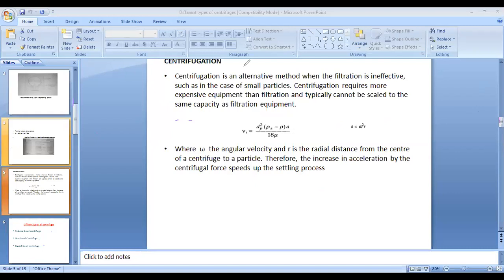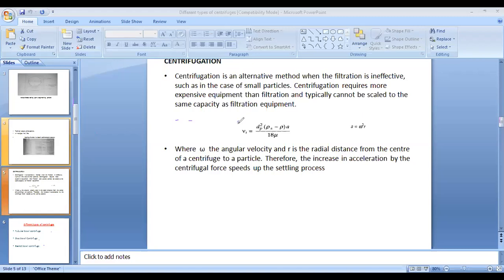But in centrifugation, there is another force involved, the centrifugal force, along with the gravitational force. Both are the same, but the difference is the additional centrifugal force, which is perpendicular to the gravitational force.